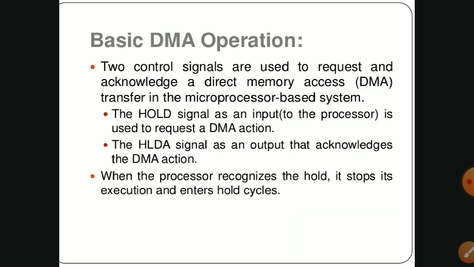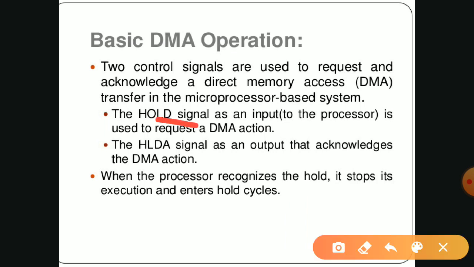In this DMA operation, we mainly use two control signals for accessing the bus control. What are they? One is the HOLD signal, and the other is the HLDA signal.